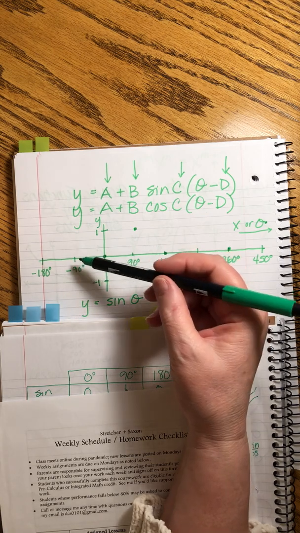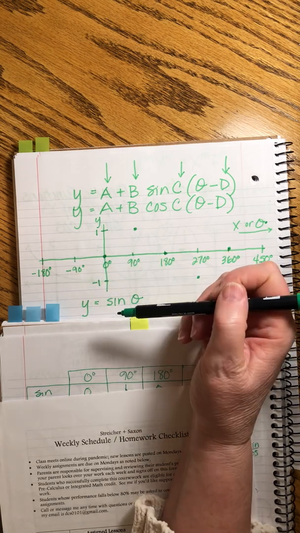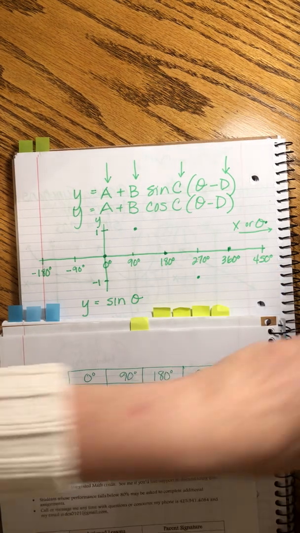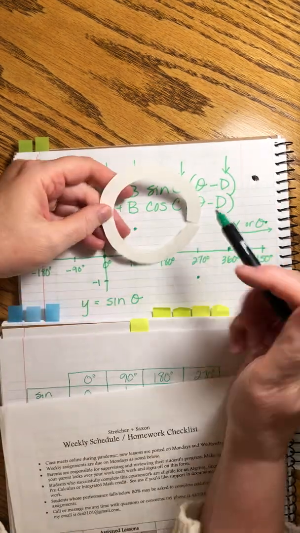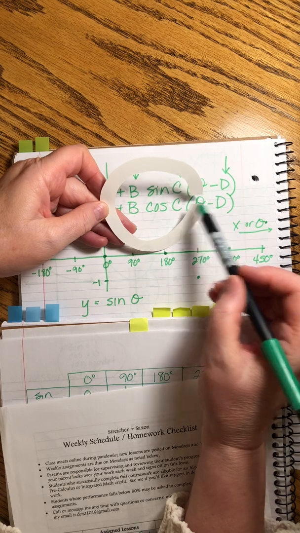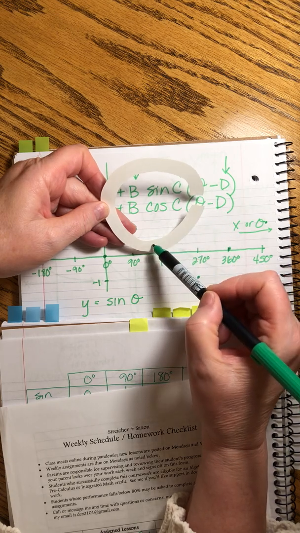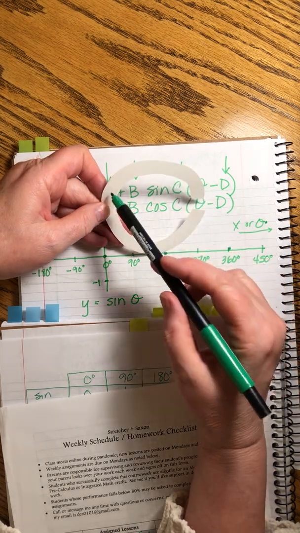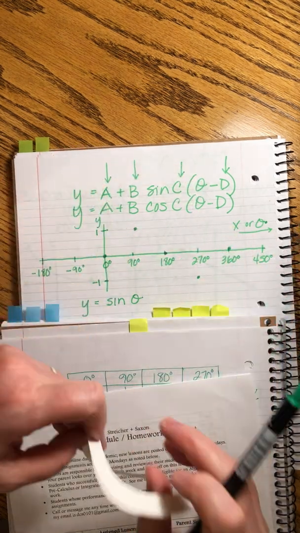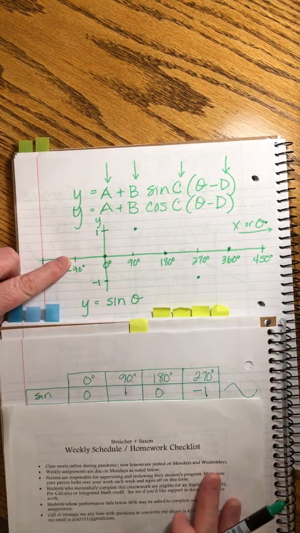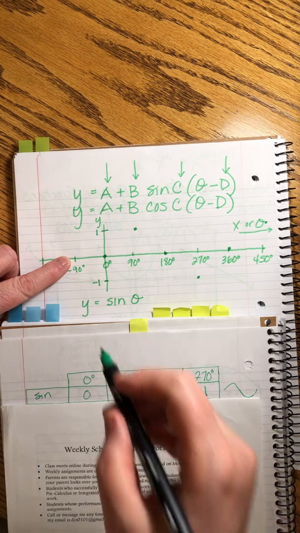-90 is going to be the same as +270, right? If you think of it on our circle, here's our circle. This is 0. If I go down 90, that's the same as 90, 180, 270. So the value I plot here at 270 is -1.